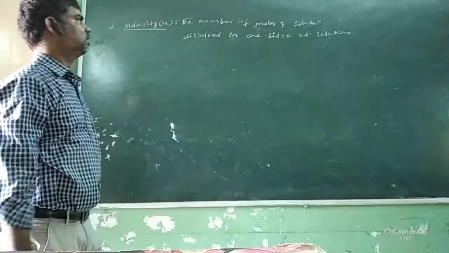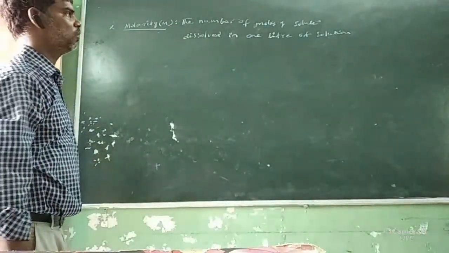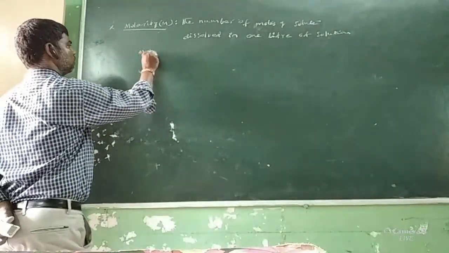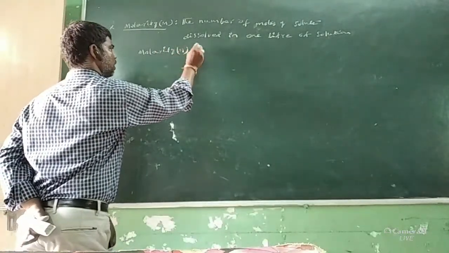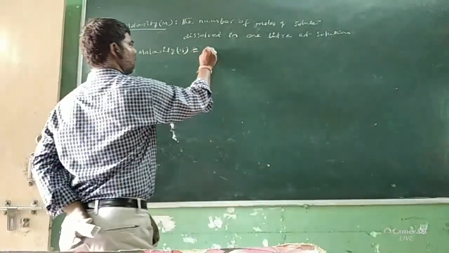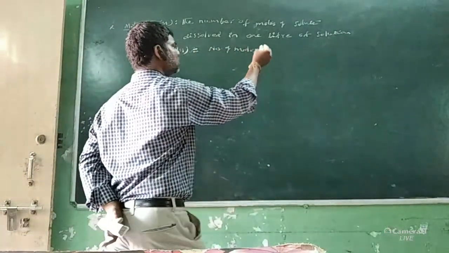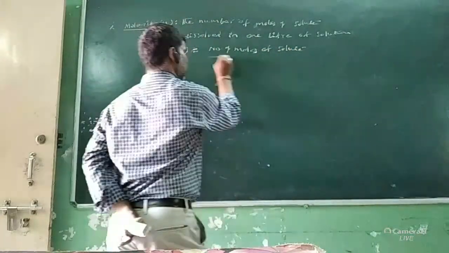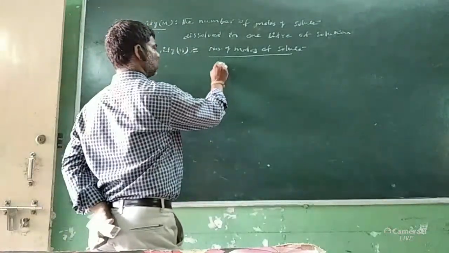We know the number of moles of solute dissolved in 1 liter of solution. So molarity, capital M, is equal to the number of moles of solute by volume of solution.